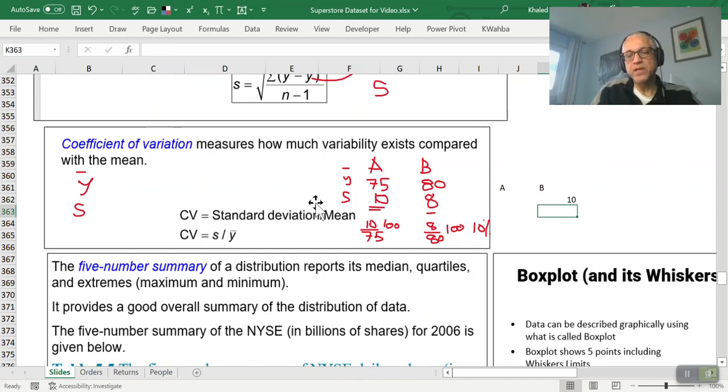And here I take the 10 divided by 75 and multiply by 100. So here it's 13% in fact, which means the variation is still higher in this group than in this group.